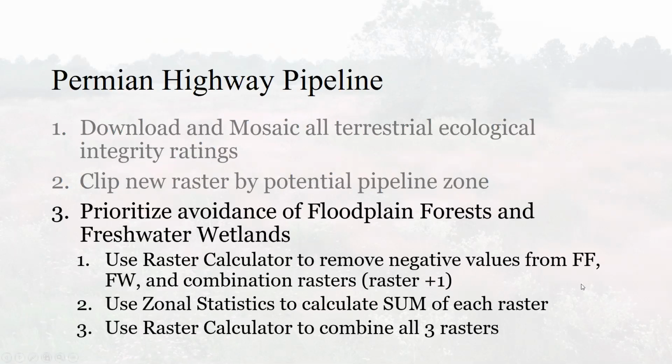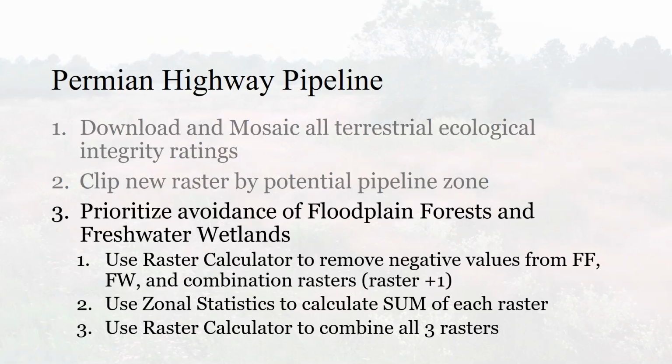So what we're doing here is basically all the outputs for our models are on that -1 to +1 scale. So we can't double it effectively. So that's why we just use Raster calculator here to add +1 to all of those values so that they're just all on a positive scale. And then we had to use zonal statistics to calculate a sum for each raster within each reporting unit.